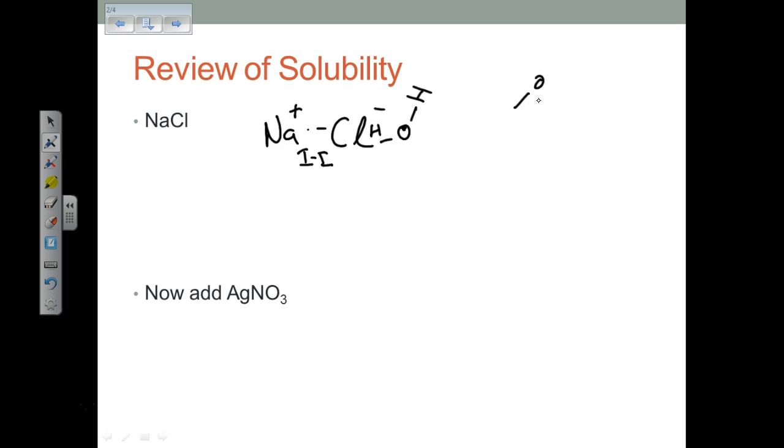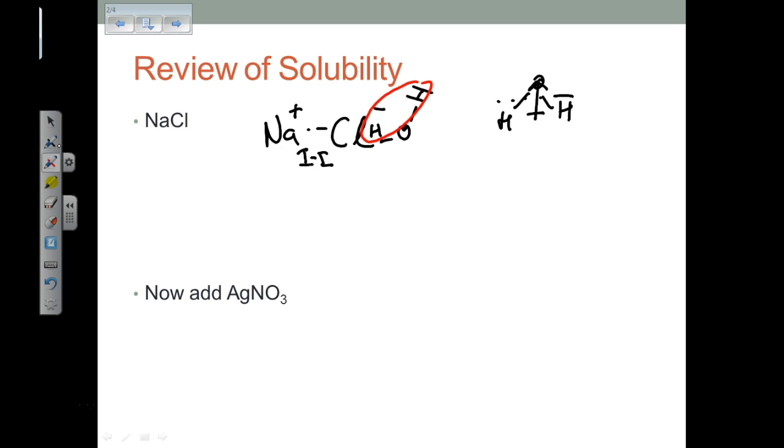Remember, water is a polar molecule. It's got two sides to it, and so the dipole looks like this. And so that means that the side with the hydrogens is positive.